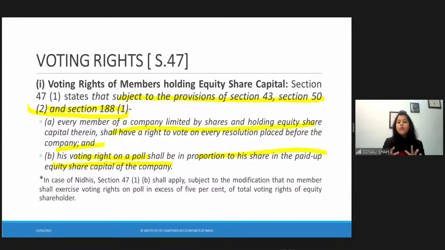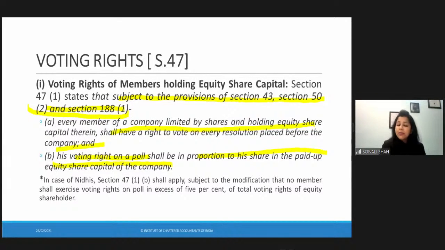So we know whenever a person has equity share capital, he has a right to vote on every resolution, and his voting right on a poll will be proportional to his share in the paid up equity share capital of the company. Wherever we are talking about Nidhi companies, section 47(1) will be applicable, subject to the modification that no member shall exercise voting right on poll in excess of 5% of total voting rights of equity shareholders.